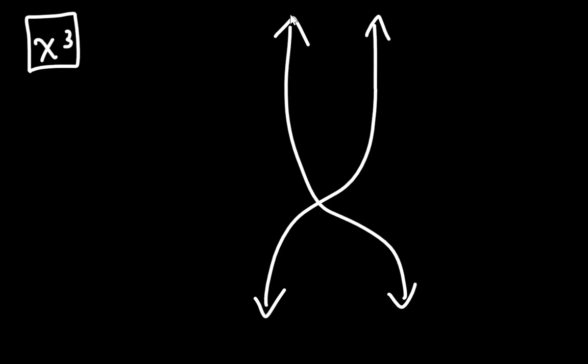X cubed looks a bit like a noodle that turns and stuff. So it could look like this, depending on how steep it is.